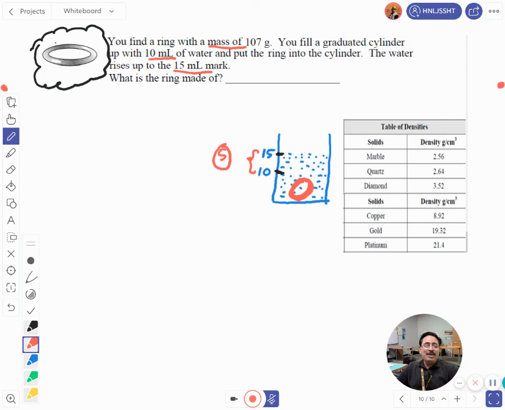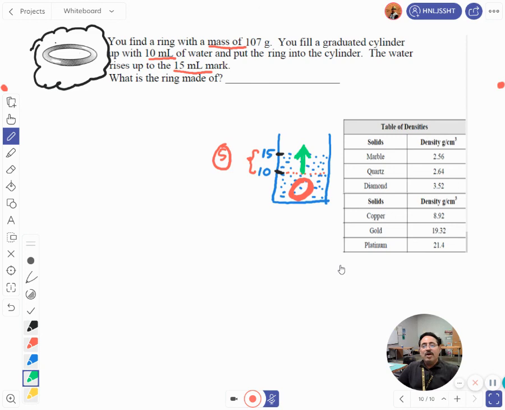In the same way, here, when the ring is dropped into the vessel, the water level is increased by 5 milliliters, right?